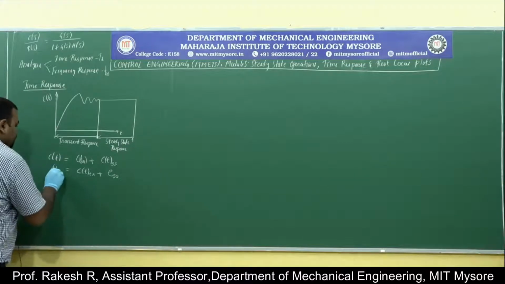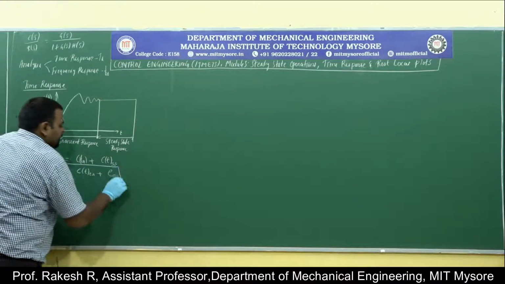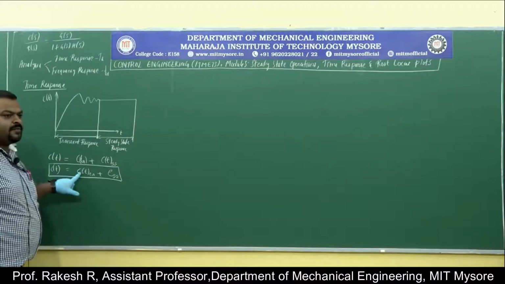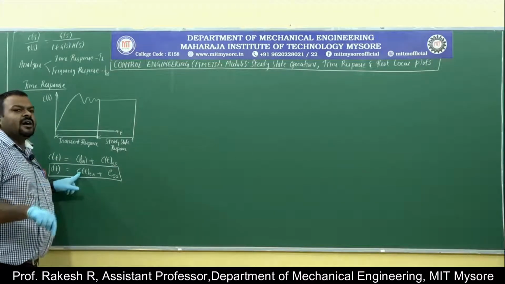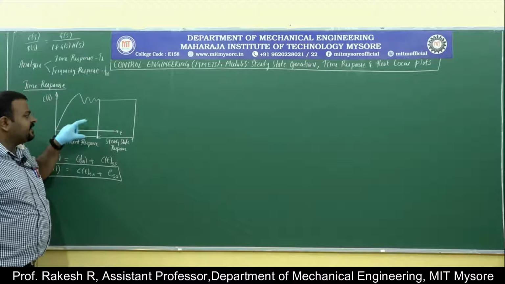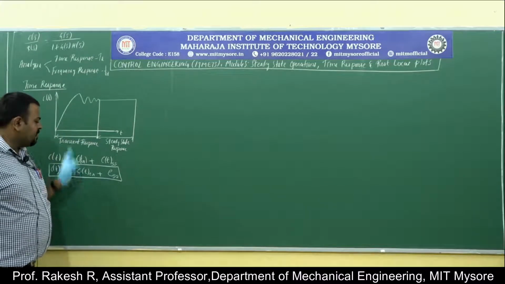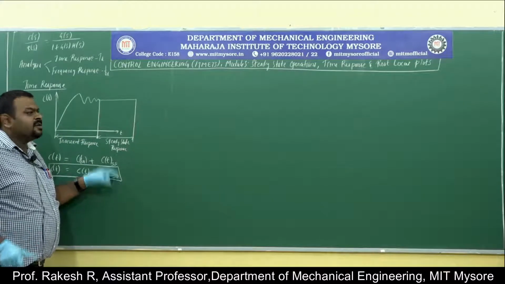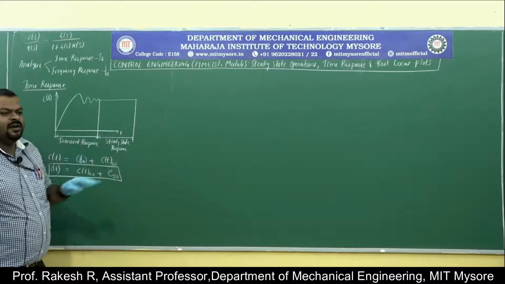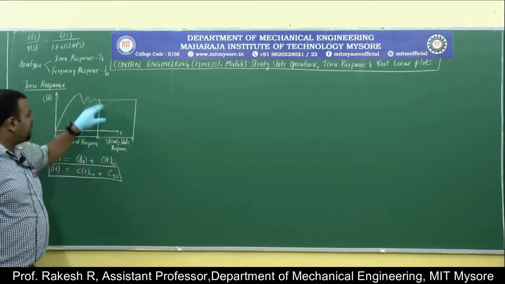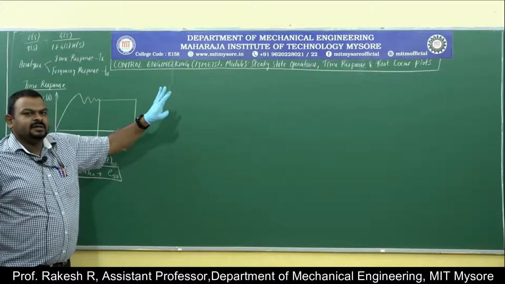The transient part is where the controlled output variable varies continuously with respect to time. In the steady state, the controlled variable does not vary with respect to time. Here we get the stable part.